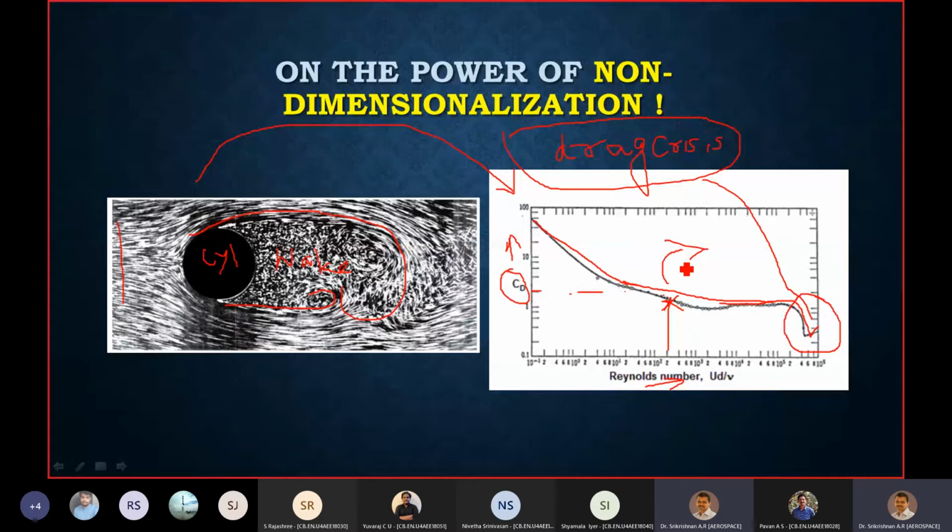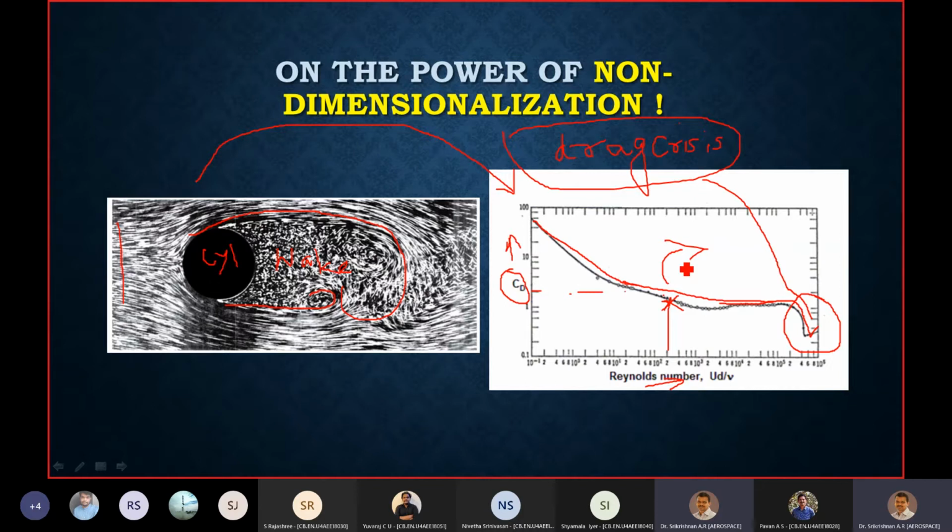Now, the plot you see here may be created for air, most probably, or water, actually. Based on experimental measurements, they've made a plot of CD versus Reynolds number. Now, say a chemical engineering person wants to use it for flow of methane past a small cylinder, a pipe or something, across a pipe, not through a pipe, and wants to know what is going to be the wake structure.